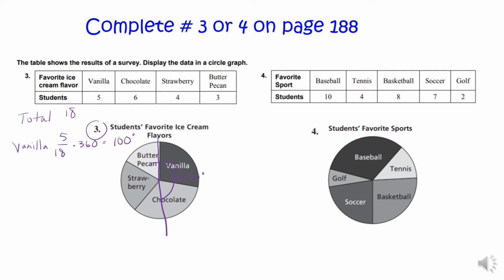Okay? And then you're going to put your line. And then any way you're starting, remember, you're always going to start from the new spot. So I want a flat line, so if I'm going to do butter pecan, okay, so I'm going to do butter pecan this time. I'm going to do 3 over 18 times 360, and that equals 60.